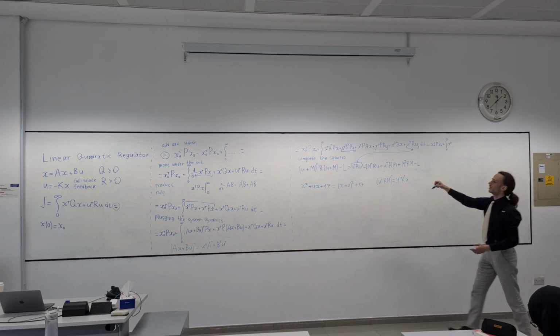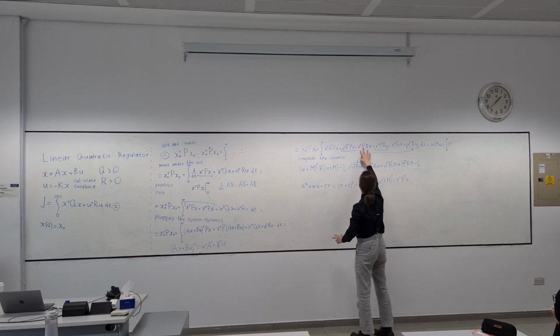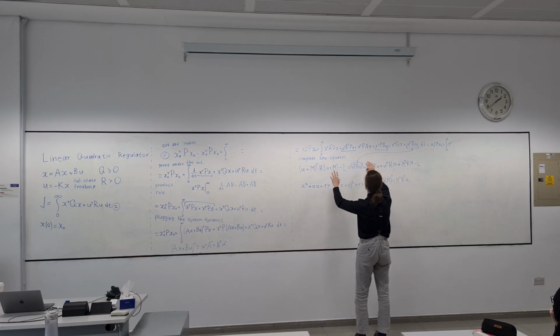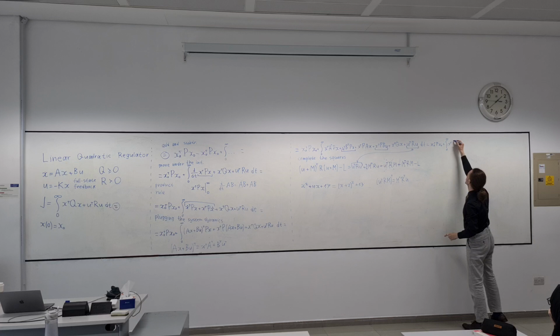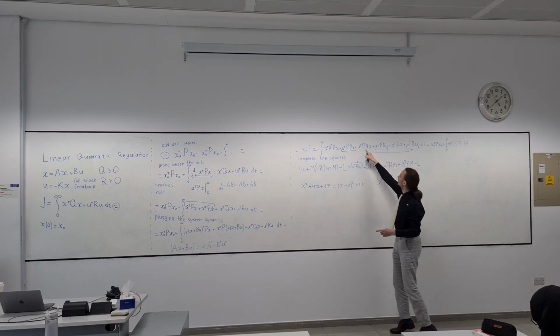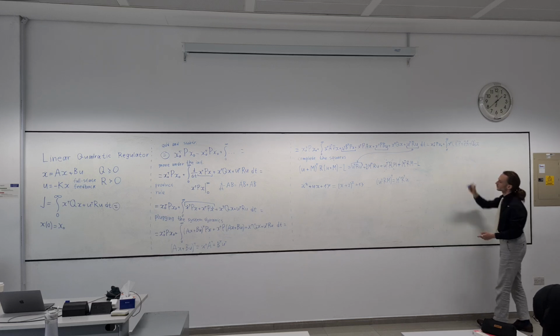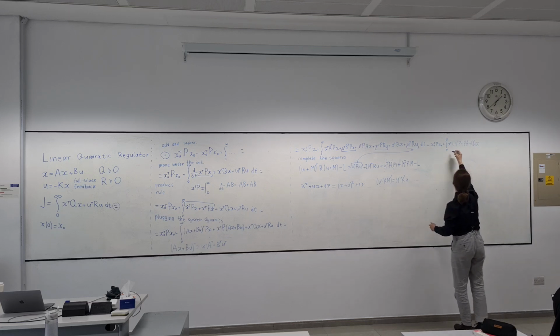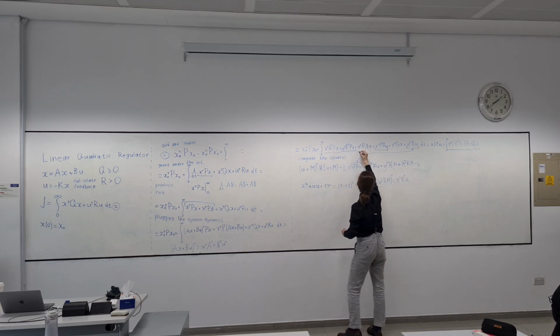By the way, I can move the x transpose and x from both sides. I can reformulate this in the following way: x transpose here, A transpose B plus BA here, plus Q. It's just the shorter form of the same thing. So this thing corresponds to these three.